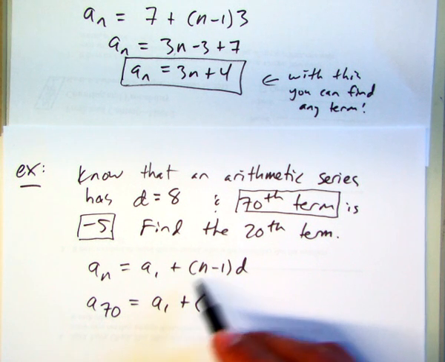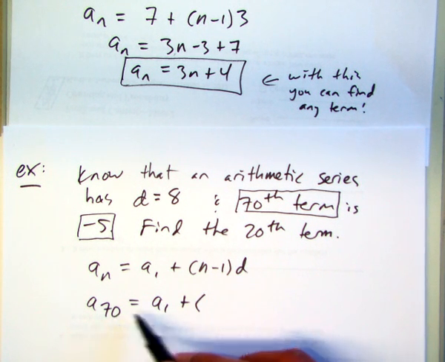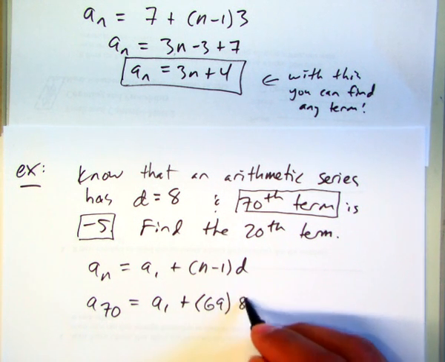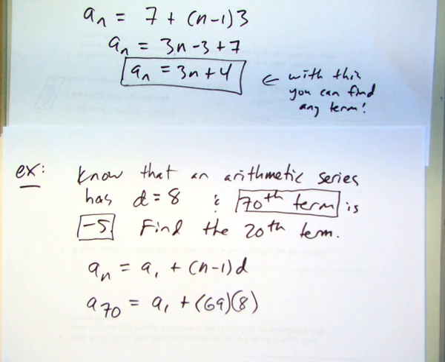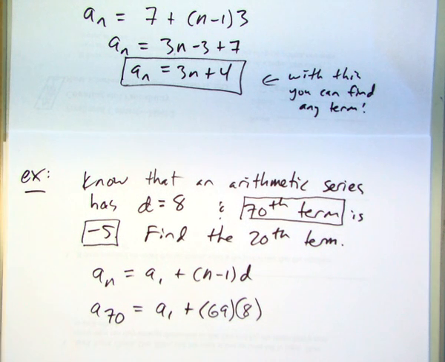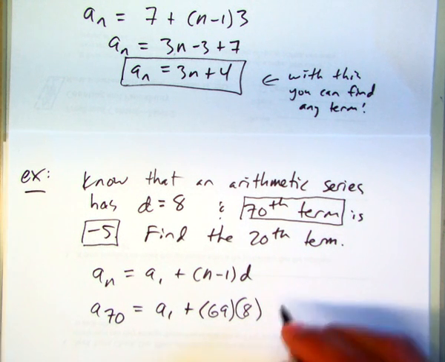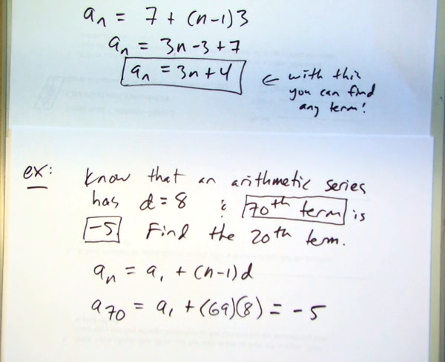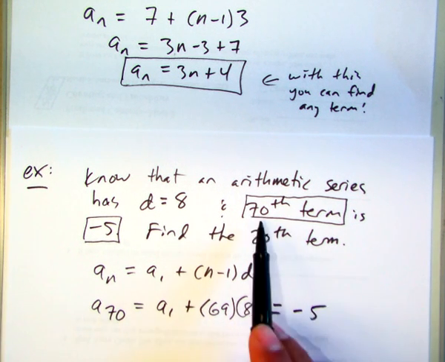Since this is where the 70th term is located, I do 70 minus 1. I get 69 times d, but I also happen to know that d is 8. Okay? And this has to equal negative 5, because my 70th term is equal to negative 5.